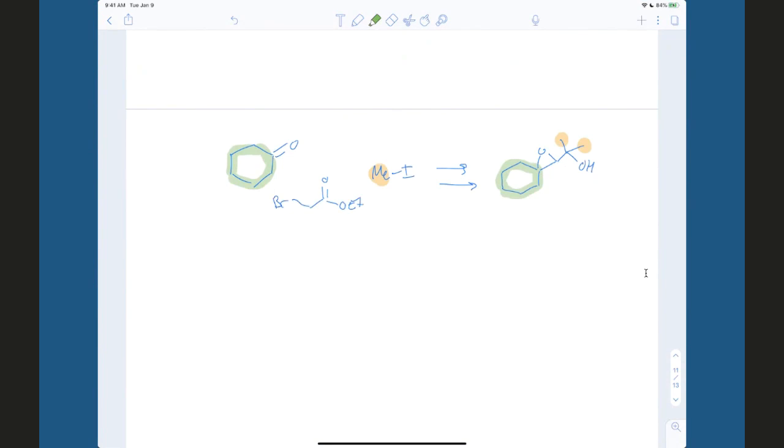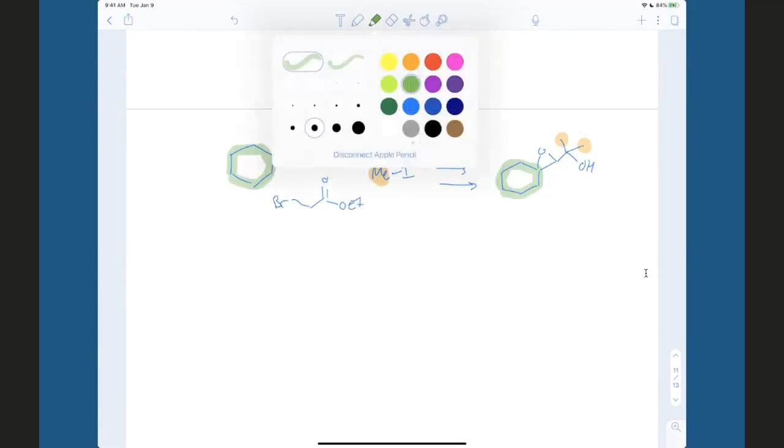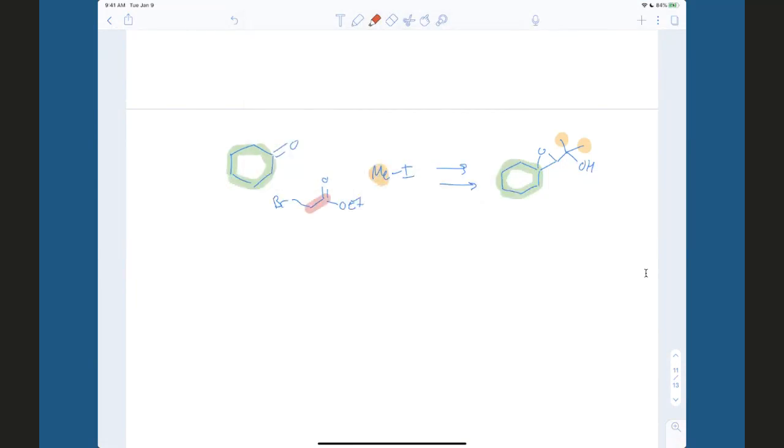And now we can also see where, what color have I used? I'll use a red. Where this alpha bromo ester came from. And so part of this is a bit on order of operations, thinking about what would be the best order to do things.